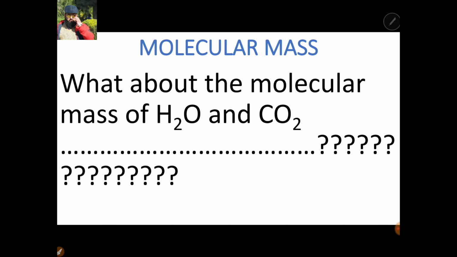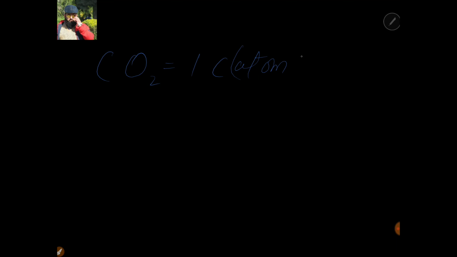Similarly, for carbon dioxide, that is CO2, the formula suggests that one molecule of carbon dioxide is made up of 1 carbon atom plus 2 oxygen atoms.